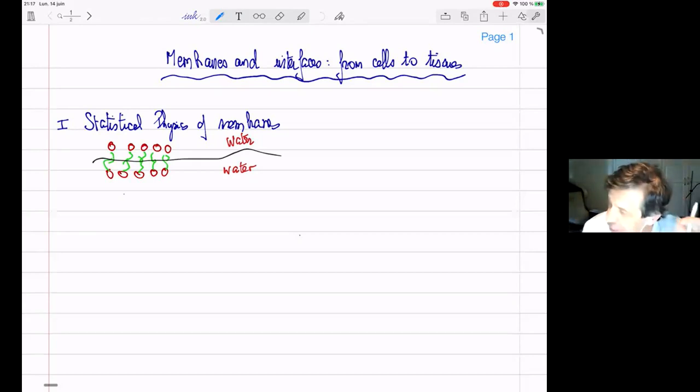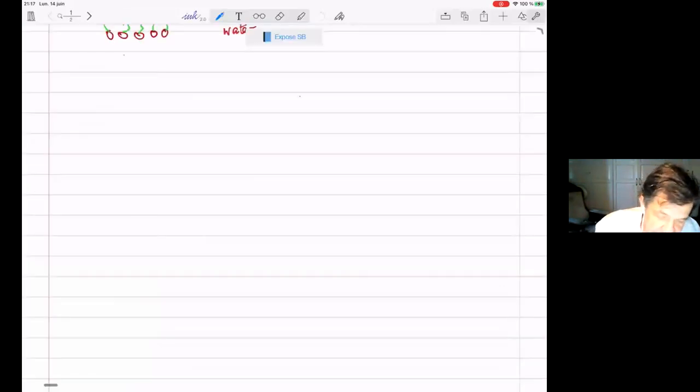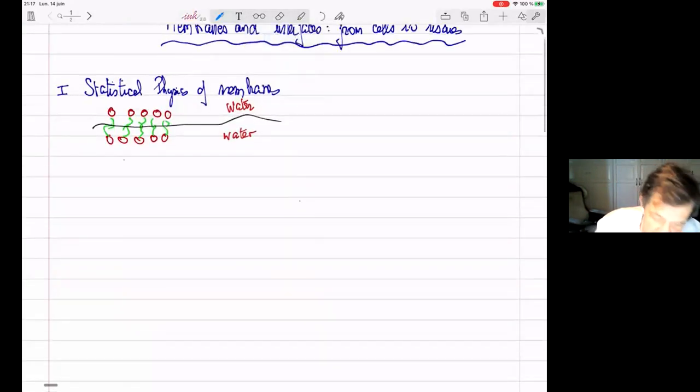What I want to start with is very classical things, what I will call the statistical physics of membranes. Now, the statistical physics of membranes was started by a German theoretical physicist called Wolfgang Helfrich.